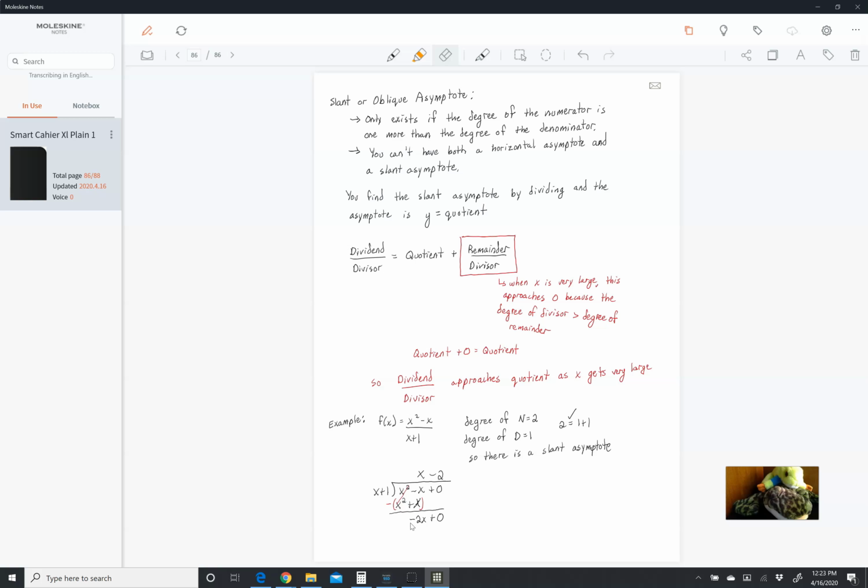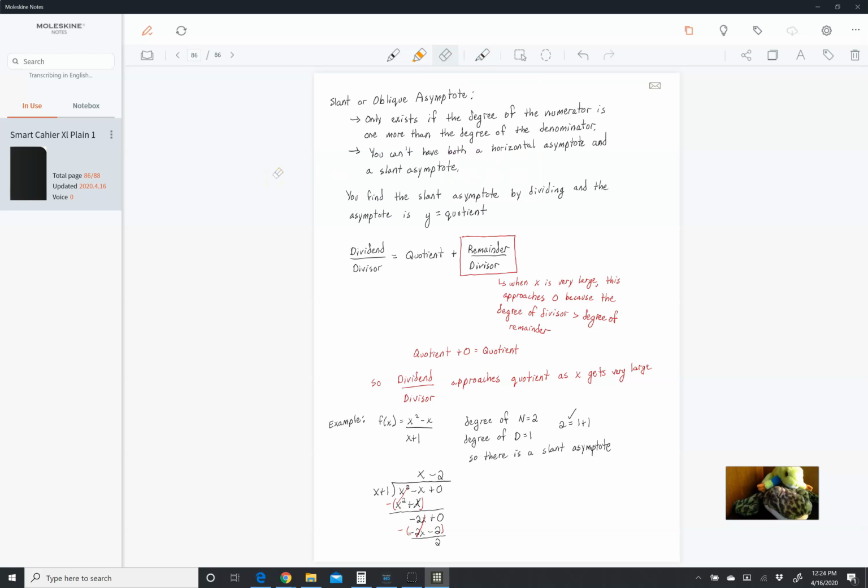Now we could really stop here because we know that the next step is going to give us the remainder, but let's keep going. We got negative 2x minus 2, and if we subtract, 0 minus negative 2 is 2. So we have a remainder of 2, but we don't really care about the remainder. All we care about is the quotient. So this last set of subtraction is irrelevant.